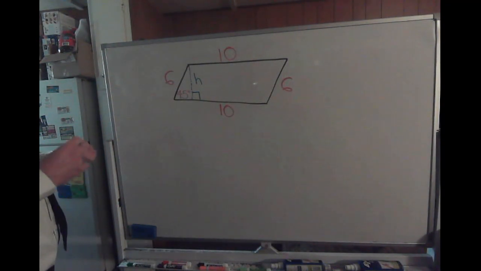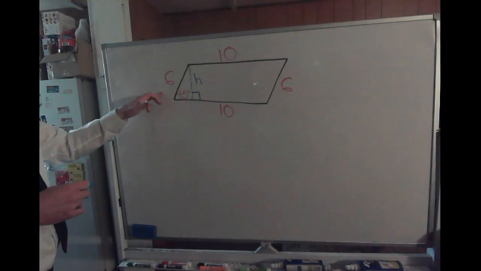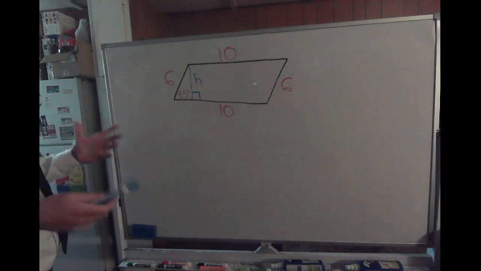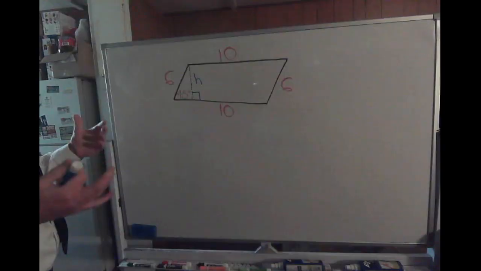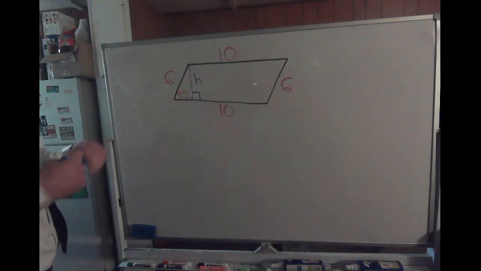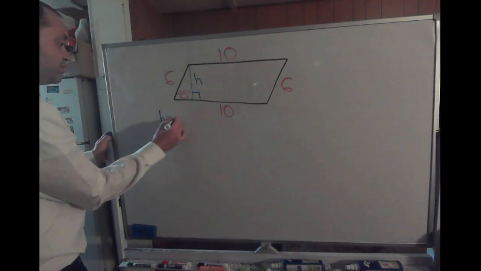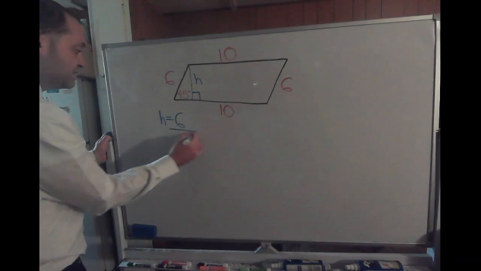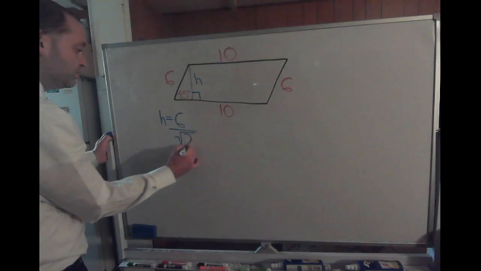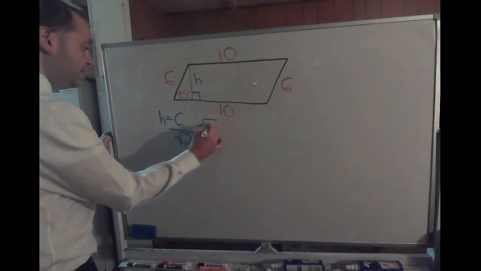So we have the hypotenuse of this right triangle that has a length of 6. What is the length of a leg of a 45-45-90 right triangle? It's the hypotenuse divided by the square root of 2. So that means the height is equal to the length of the hypotenuse, 6, divided by the square root of 2. Of course, you're going to want to rationalize the denominator.